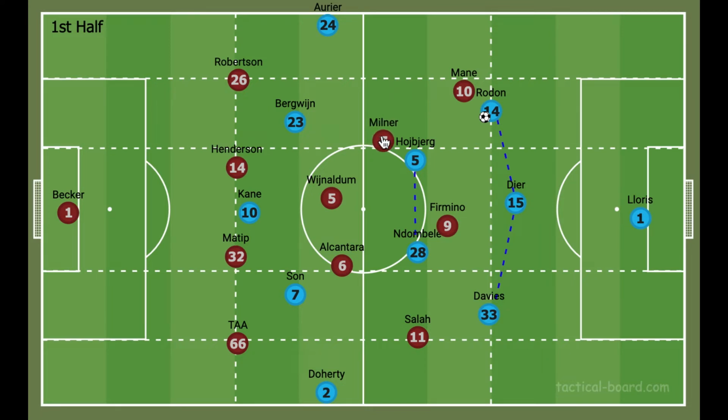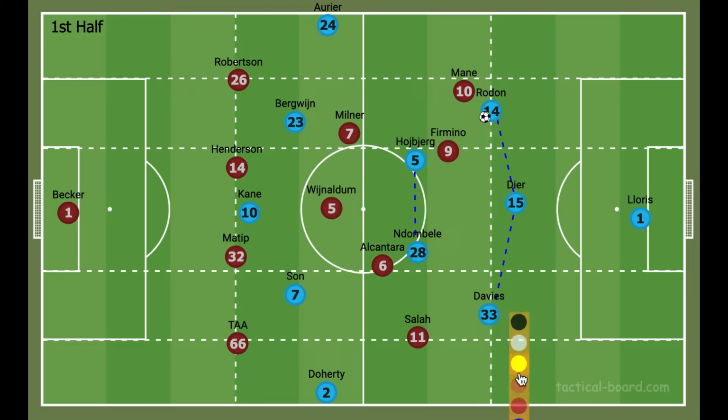And this jumping action from the Liverpool midfield, this is when it looked dangerous for Tottenham in possession, because the space, by having Son and Bergwijn between the lines, it narrowed the back four from Liverpool.